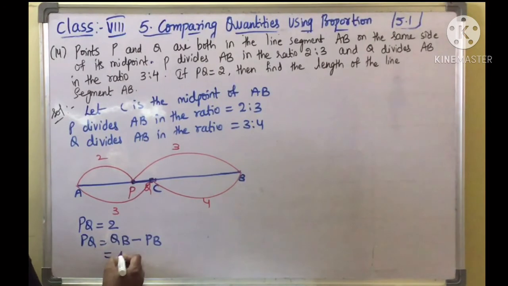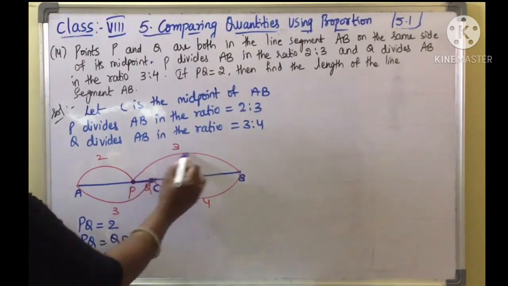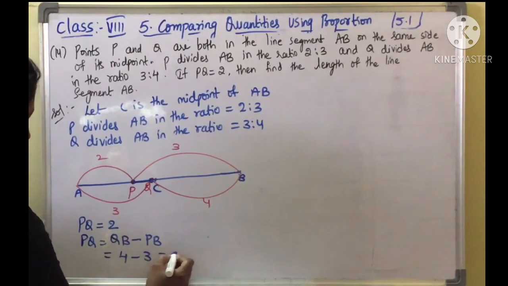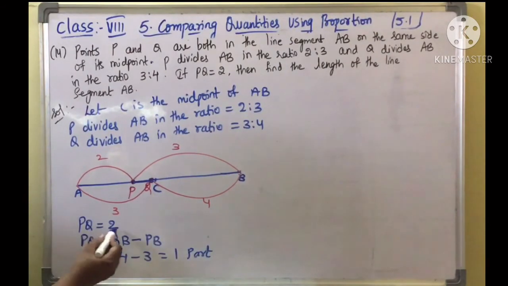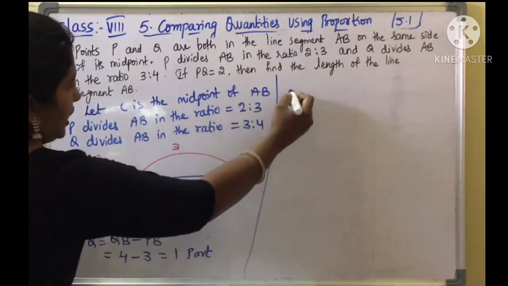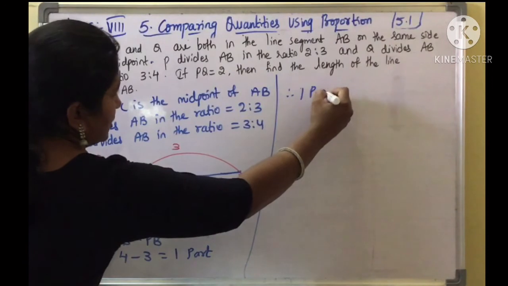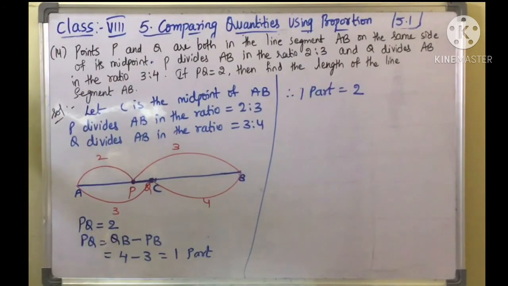QB is nothing but 4. If you see from here to here, 4. What is PB? It is 3. So that is nothing but 1. So here 1 part you got. That is PQ is given how much? 2. Therefore you got here 1 part is nothing but 2.